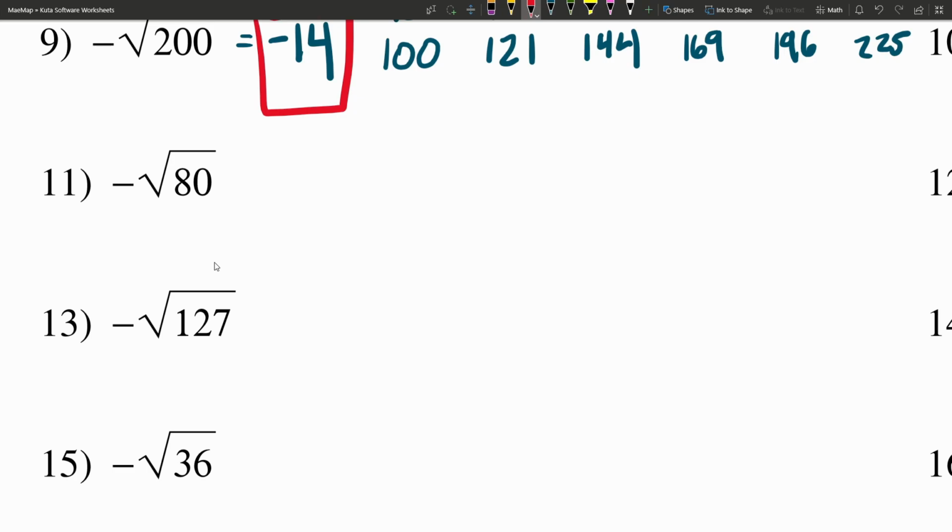And 9 times 9 is 81, which is very close to 80. A lot closer than 8 times 8, which was 64. So when rounding to that nearest whole number, we're going to use 9 as opposed to 8. So this, in number 11, is equal to negative 9.